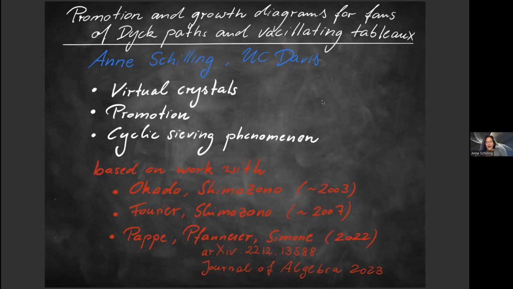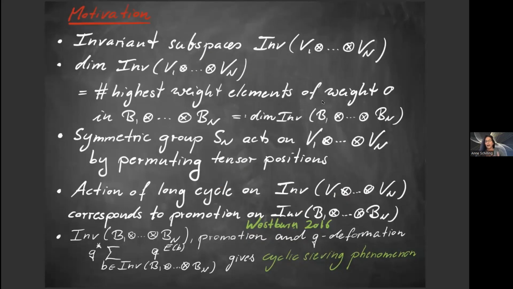So let me start by giving you the motivation of what I want to talk about. We are interested in invariant subspaces. Take, for example, the n-fold tensor product of some representations, V1 up to Vn, and we want to know what is the dimension of this.